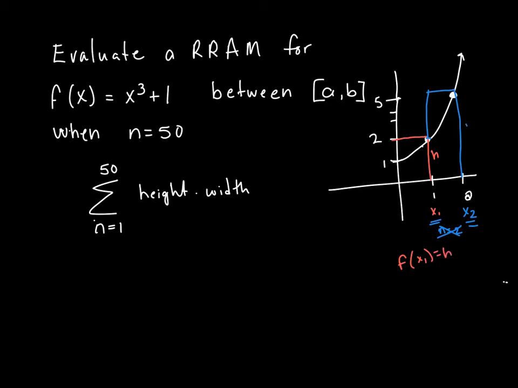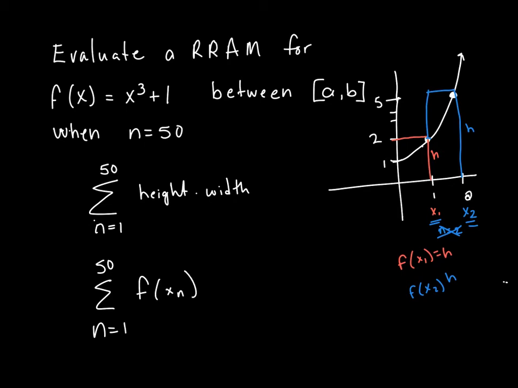And then the height of that second rectangle would just be f of x2. So in order to find the generalized idea of the height, that's going to be the summation from i equals 1 to 50 of f of x_i.